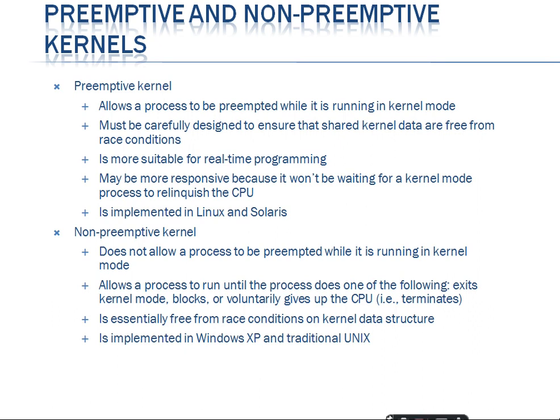Whereas a non-preemptive kernel does not allow a process to be preempted while it is running in kernel mode. In case of a non-preemptive kernel, it does not allow a process to be stopped in between while it is running in kernel mode.